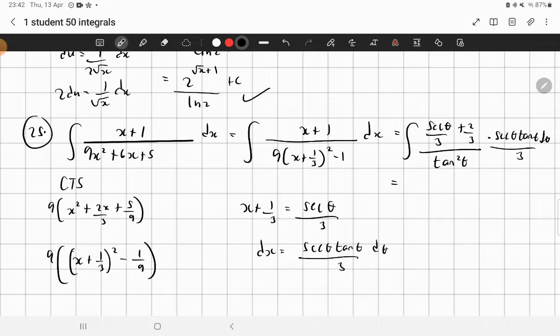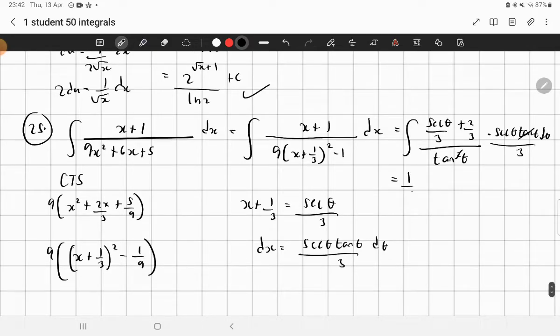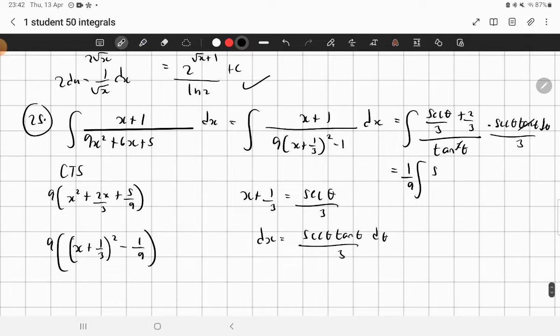Alright, so this could simplify further, and I believe that all the constants, the 1 over 3, I'm going to bring outside, so 1 over 9. We are left with secant theta plus 2, over, we are left with 1 over sine.